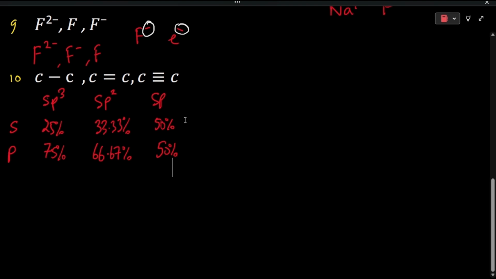So the s character in the sp hybridized orbital of the carbon atom is more than the carbon in the double bond, and also more than the carbon in the single bond. And the reason is that the s orbitals are very spherical. They have better penetration effect, and that means that they are closer to the nucleus than the p orbitals.